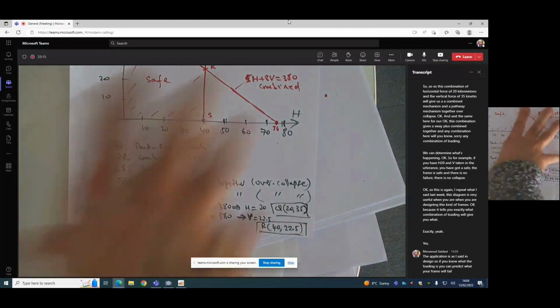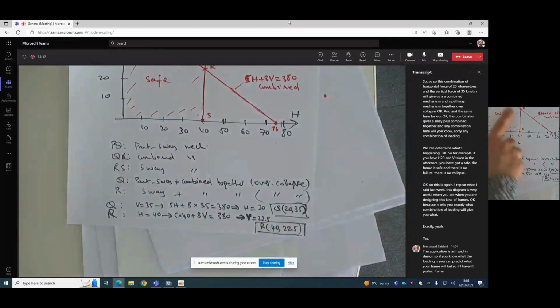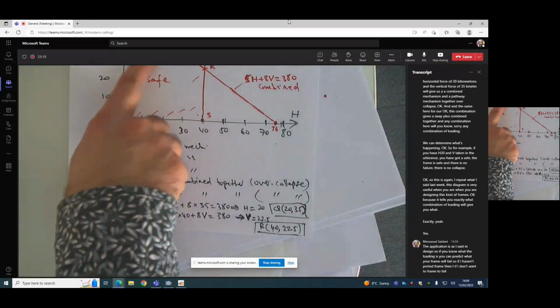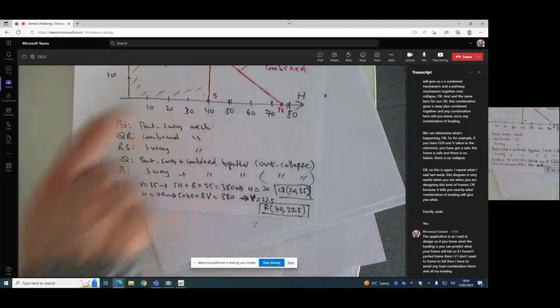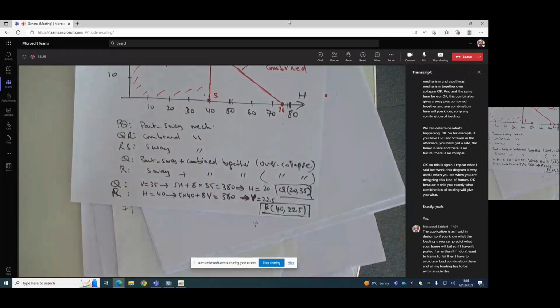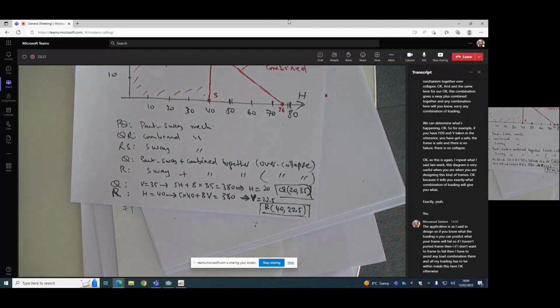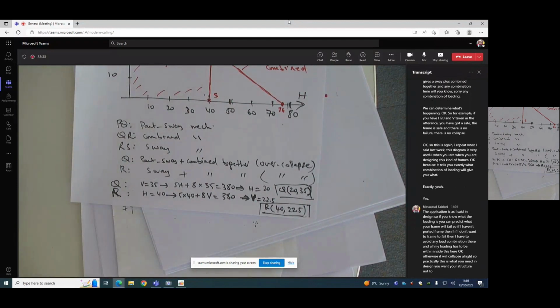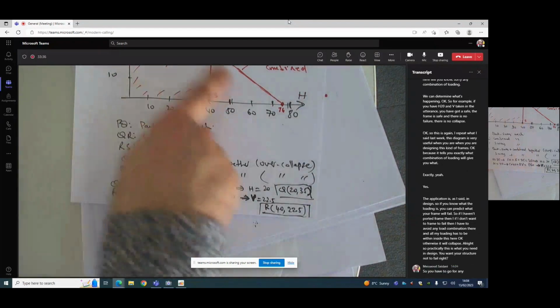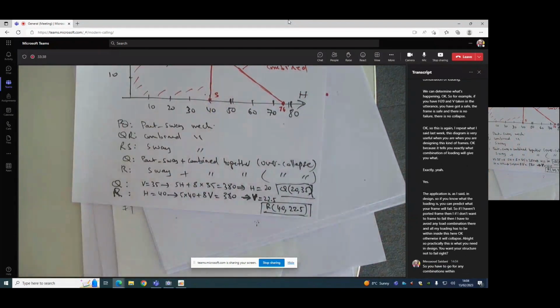If I have a portal frame and I don't want it to fail, I have to avoid any load combinations outside, and all my loading has to be inside this area. Otherwise, it will collapse. In design, you want your structure not to fail, so you have to go for combinations within this area.